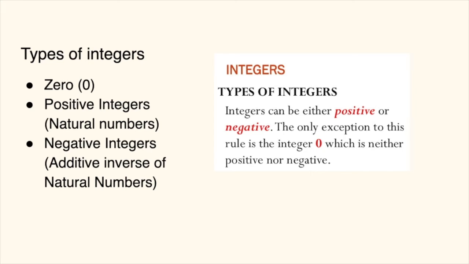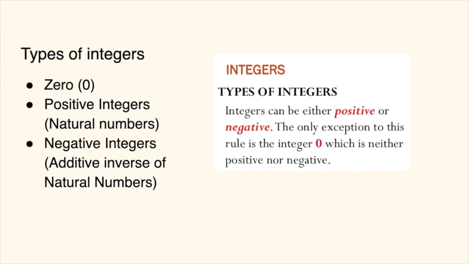Integers can be either positive or negative. 0 is the starting number for both. 0 is the middle, and the left side of 0 is negative numbers, but the right side of 0 is positive or natural numbers.